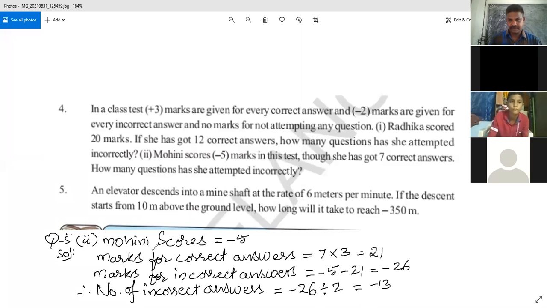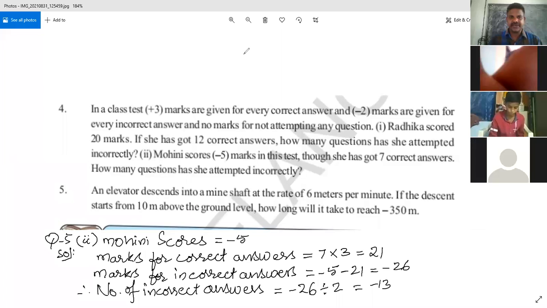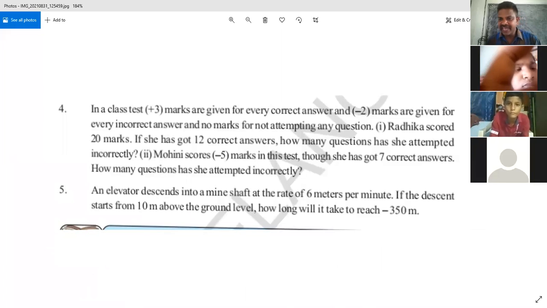Question number 5, right? Now, have you taken it? Right, thank you. Now, I'm asking Abhiram to please read question number 5.